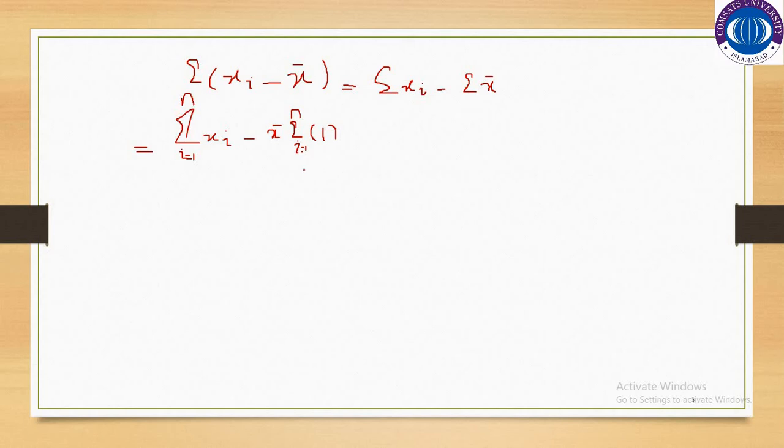Now what will we do with this term? As you can see, this is summation i equal to 1 to n xi. We can make it x bar if we have n in the divisor, because we know that x bar is equal to summation x over n. So we simply divide this by n and also multiply by n. That is, we are multiplying and dividing this term by the same constant, small n.